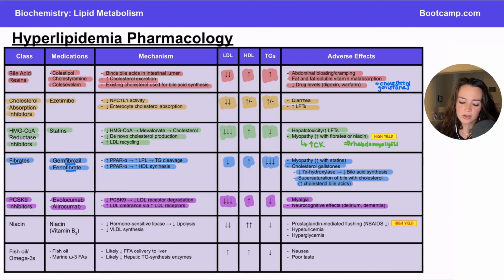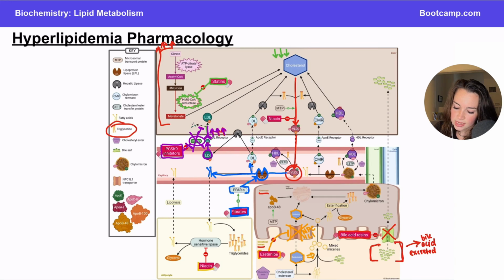Next drug class we'll talk about is niacin, that is vitamin B3. And niacin decreases the activity of hormone-sensitive lipase. Hormone-sensitive lipase is in the adipocytes, and under normal circumstances in the adipocytes, in response to hormones such as glucagon, promotes the degradation of triglycerides into free fatty acids that can be released out into the blood.